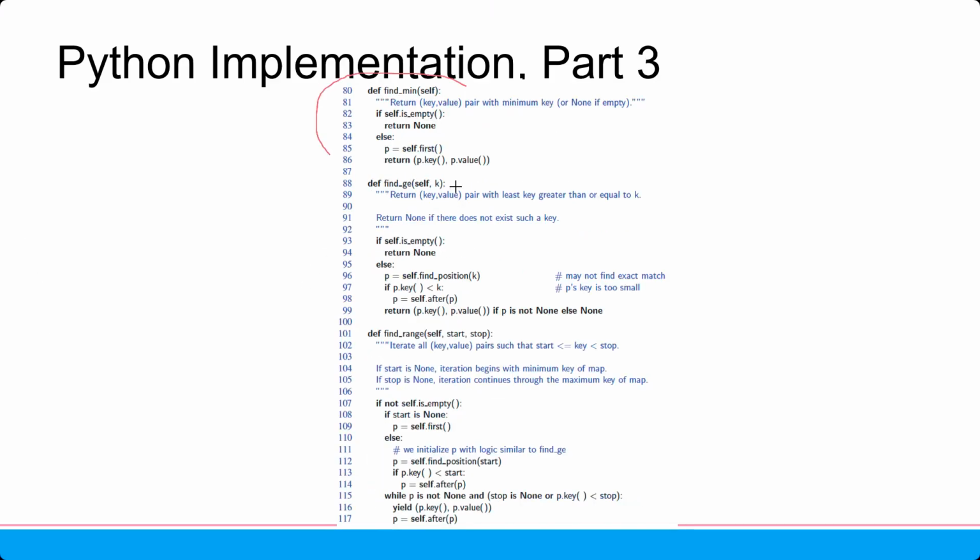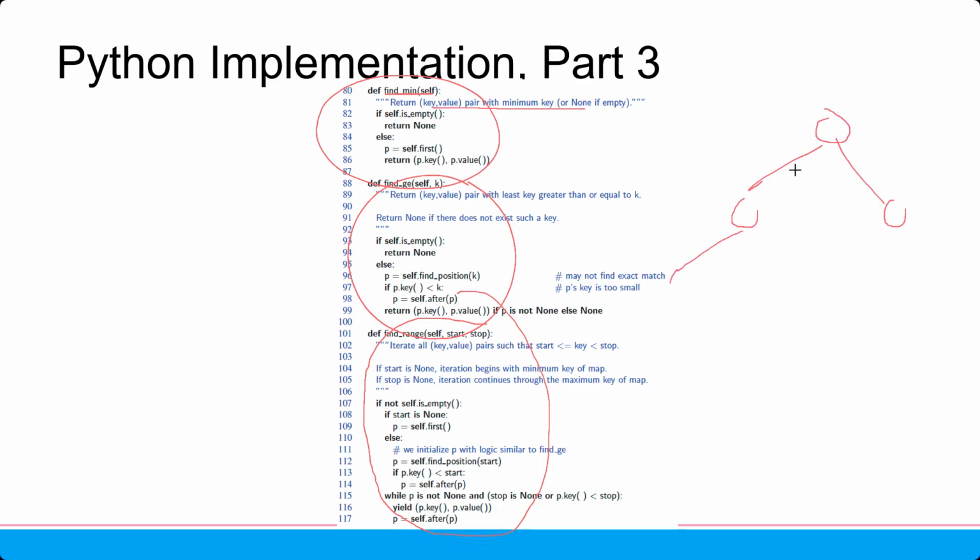There are also other functions to find the minimum, to find the greater than or equal to, or to find the range. If I want to find the minimum, you can do searching. Let's say if it is the binary tree, the minimum will be on the left part, the most left.